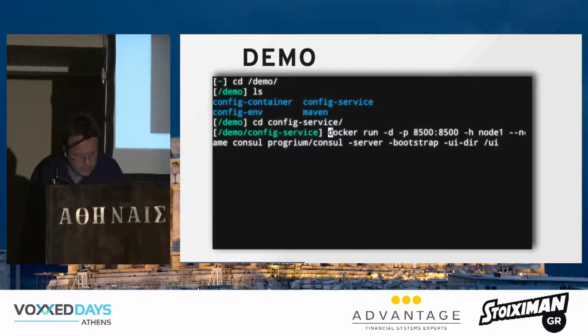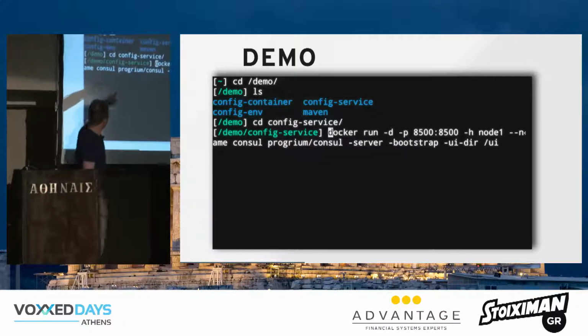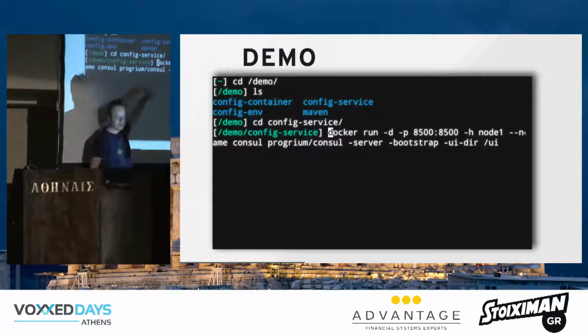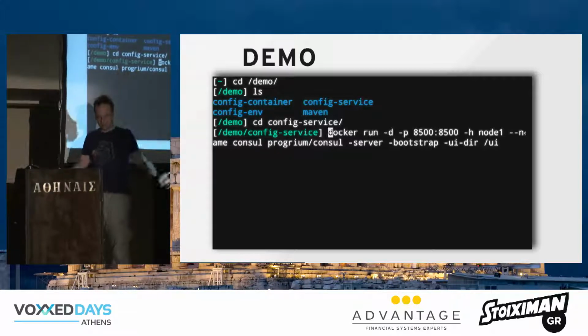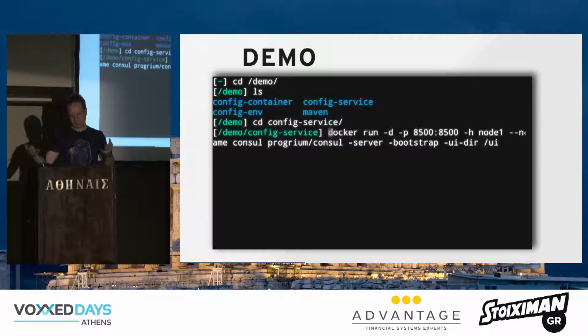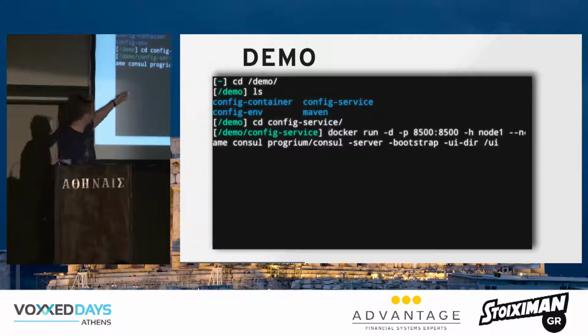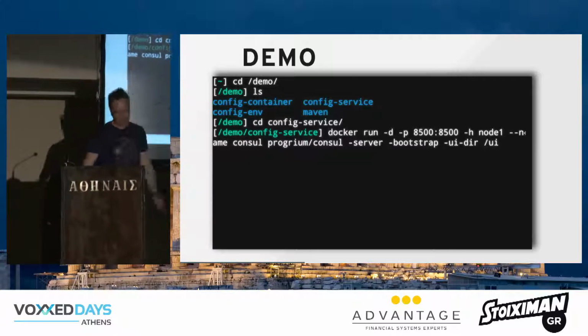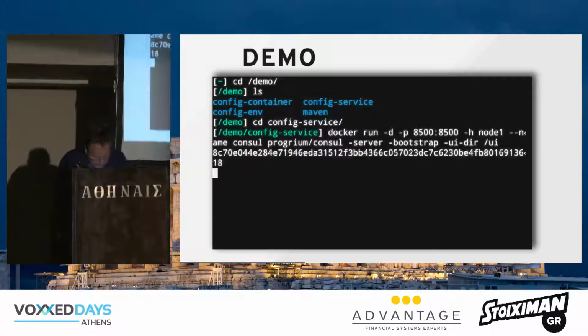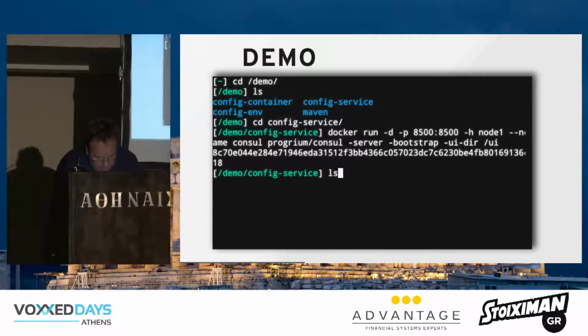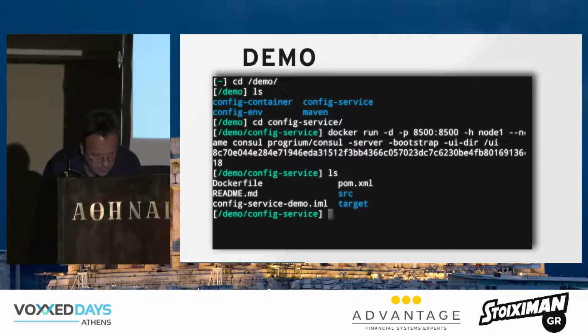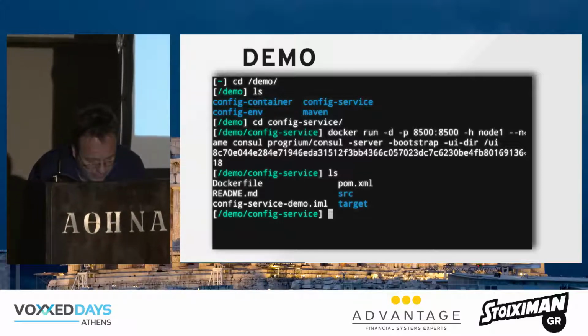I'm running an already given key value store. Consul itself also comes as a Docker image, so you can start it easily. You give it some options. You export port 8500 so that we can manage it. We just started. And then I have also my application itself.